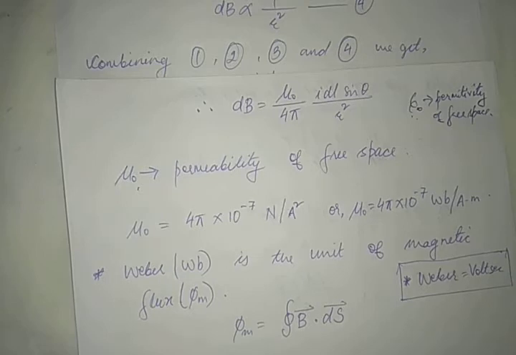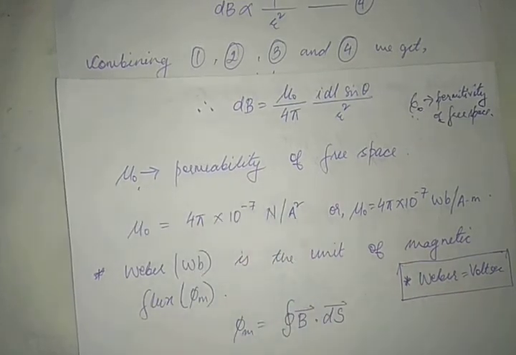What was permittivity? Permittivity was the measure of how many electric field lines are allowed to pass through a certain medium. Permeability likewise is a measure of how many magnetic field lines are allowed to pass through a given medium.